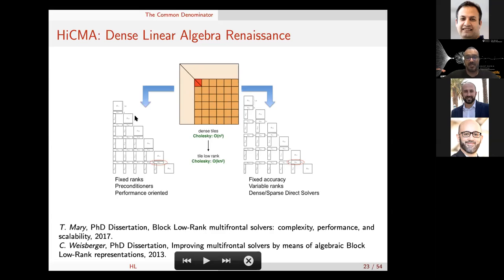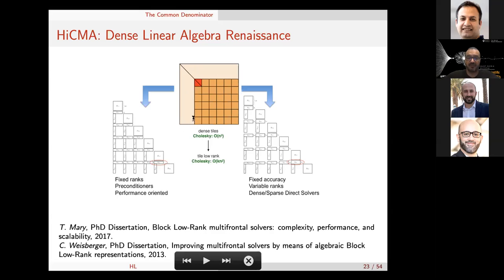So then we end up having blocks outside of the main diagonal that are represented by this new data compression format that results from doing a singular value decomposition, SVD, or actually any other compression method could be employed here, as long as you capture the most significant information out of this block.